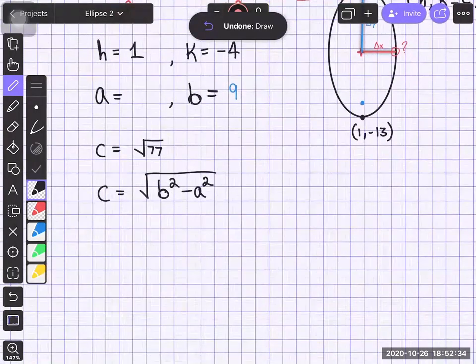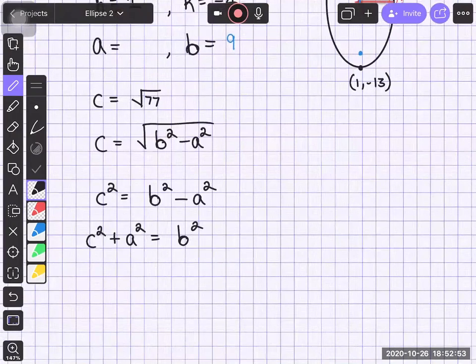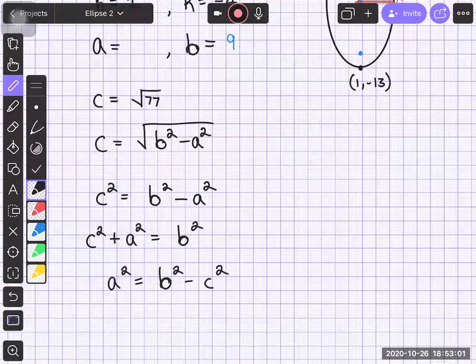So let's isolate step by step. c squared equals b squared minus a squared. c squared plus a squared equals b squared. So finally, a squared will be b squared minus c squared. We take a square root on both sides, so a will be the square root of b squared minus c squared.